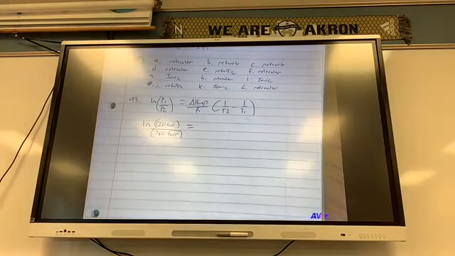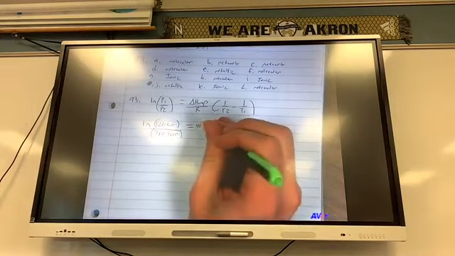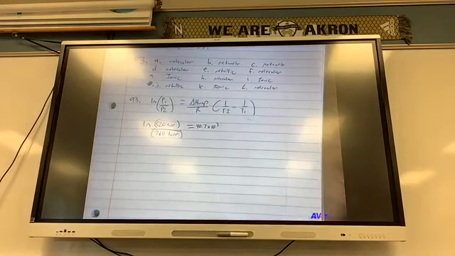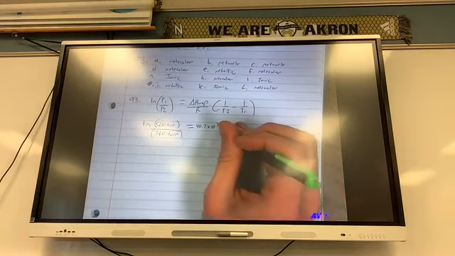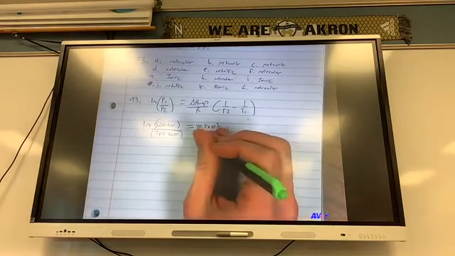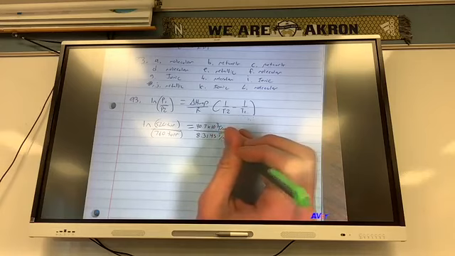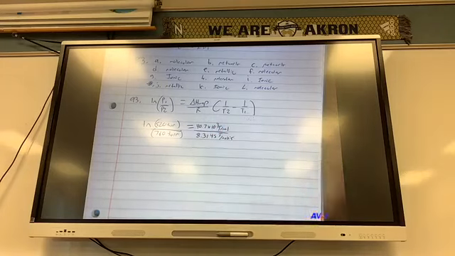That is equal to, they gave me 40.7, but remember, that's going to have to be 40.7 times 10 to the third joules per mole, so you have to convert that over, divided by 8.3145 joules per mole times Kelvin.